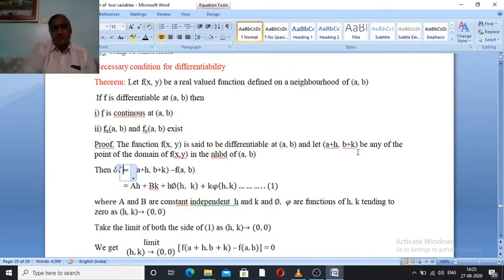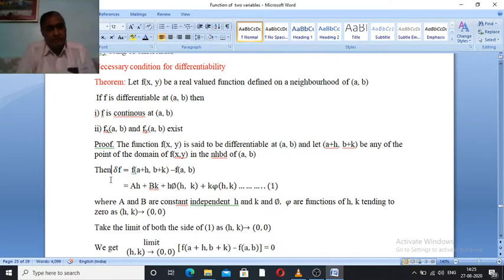Let (a+h, b+k) be any point of the domain D of f(x,y) in the neighborhood of (a,b). Then delta f is equal to f(a+h, b+k) minus f(a,b). By definition of differentiability, it is equal to Ah plus Bk plus h phi(h,k) plus k psi(h,k).